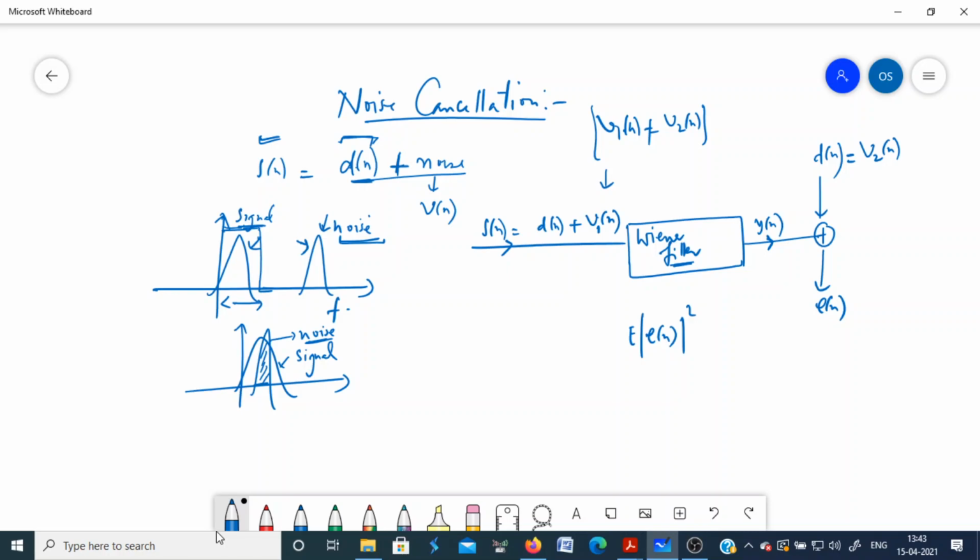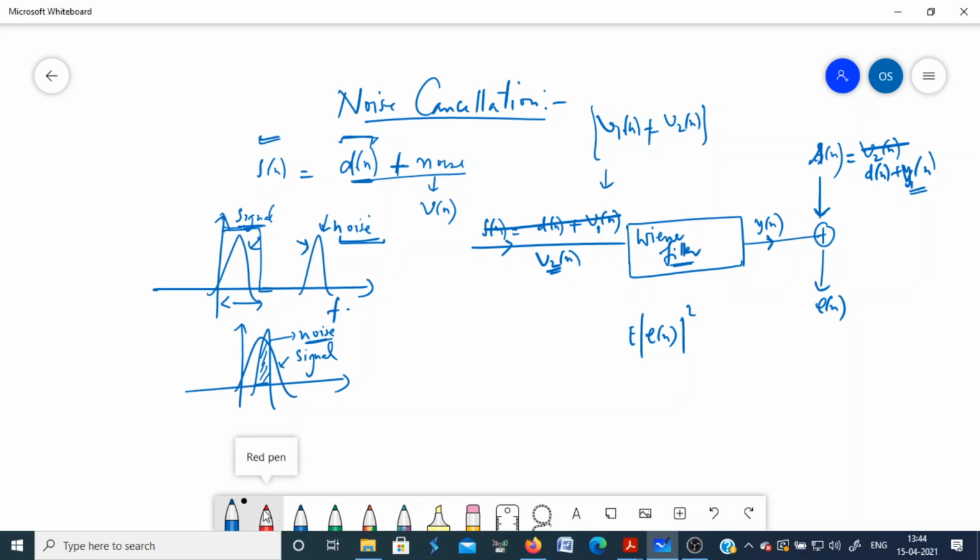This Sn, which is dn plus v1n, is given as the desired response, and the input to this Wiener filter is just noise, v2n. So v2n and v1n are correlated to each other.